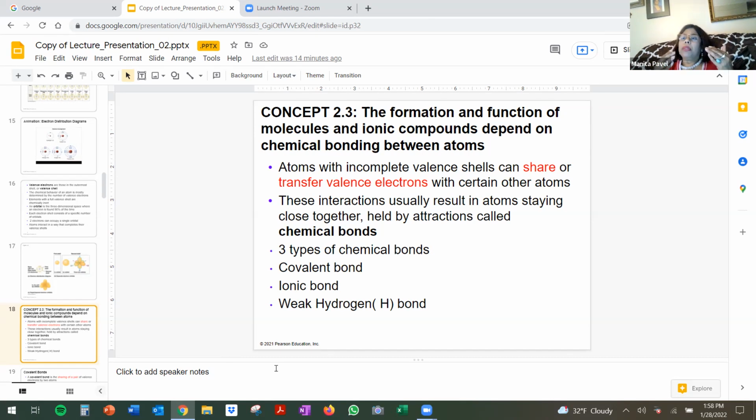Chemical bonds are of 3 types: covalent, ionic, and I like to use this adjective, weak hydrogen bonds. So immediately you associate the term with the hydrogen bond, and you know which would be the weakest type of chemical bond: hydrogen bonds. And we'll see that covalent bonds are the strongest bonds.